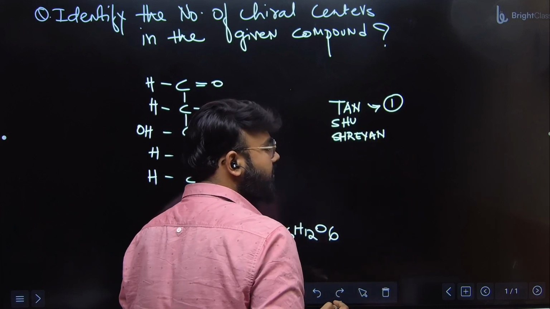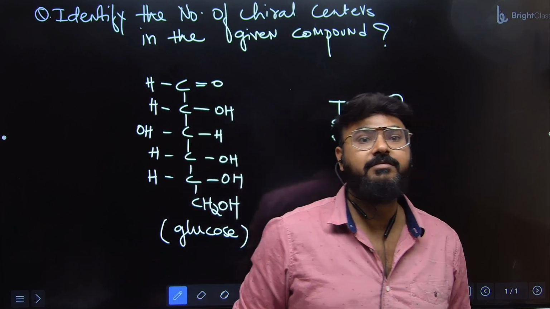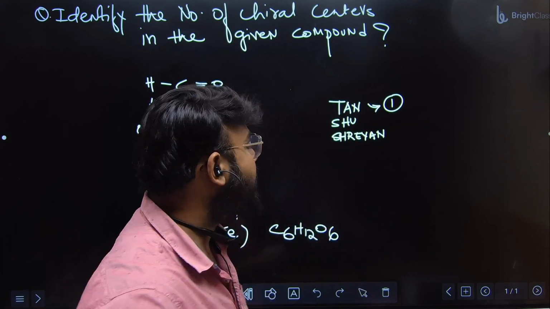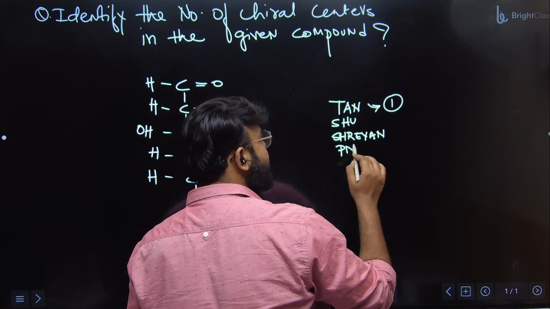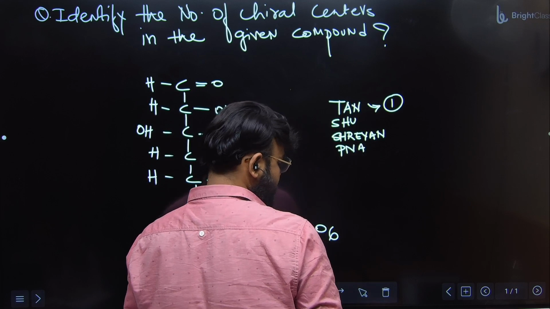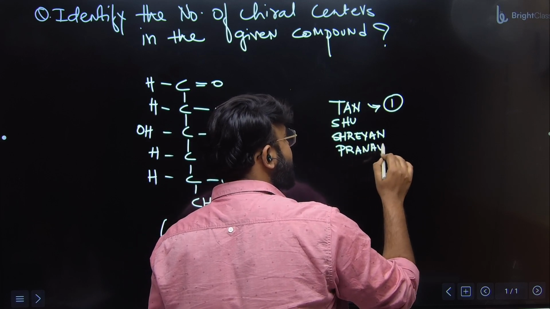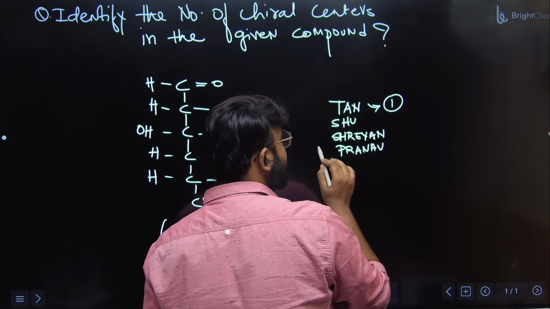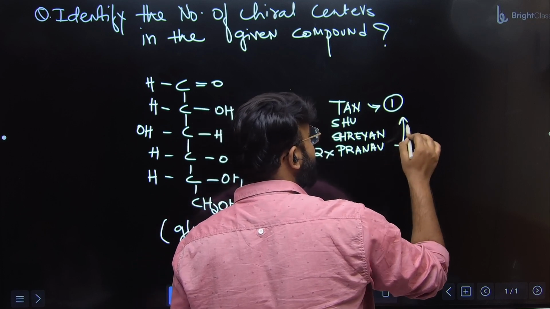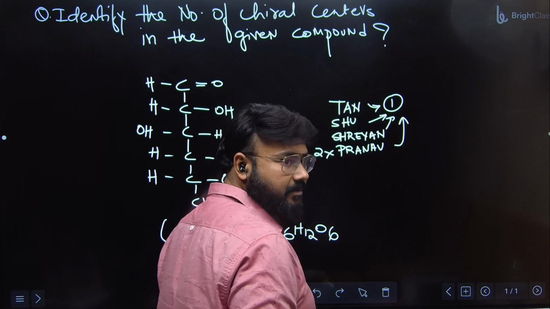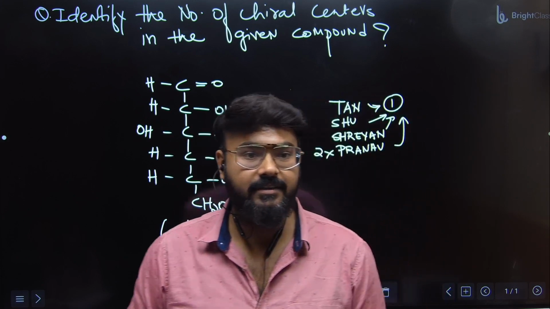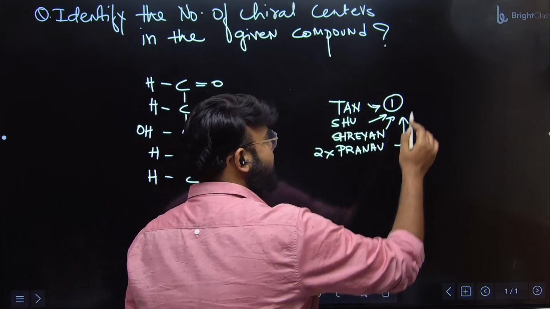Shreyan also is in club one. And Pranav? And what about the other Pranav? Both Pranavs have the same answer. And Surya, right? Surya has three answers.